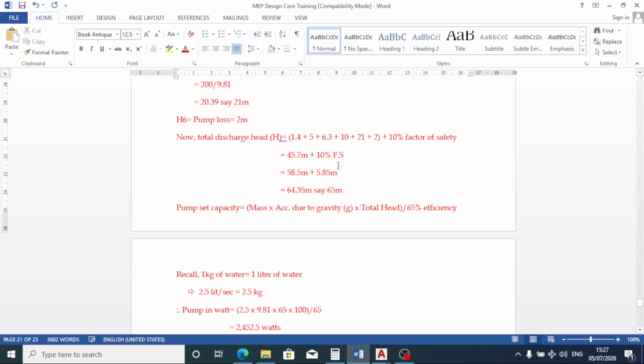So 45.7 meters. Now remember, we are adding 10% factor of safety.